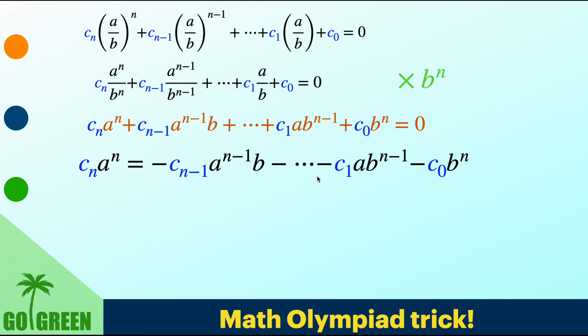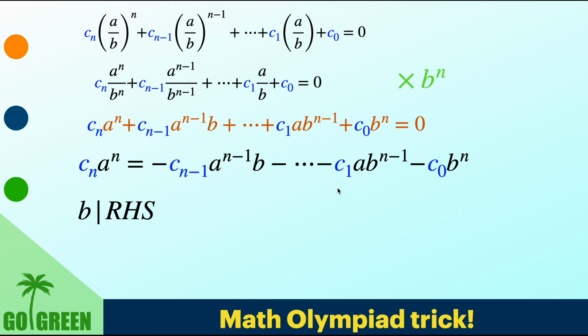Similarly, for all the intermediate terms, and here b to the n minus 1, therefore this whole number c1 a b to the n minus 1 is also divisible by b, and so is c0 b to the n. So basically on the right, all the numbers are divisible by b.